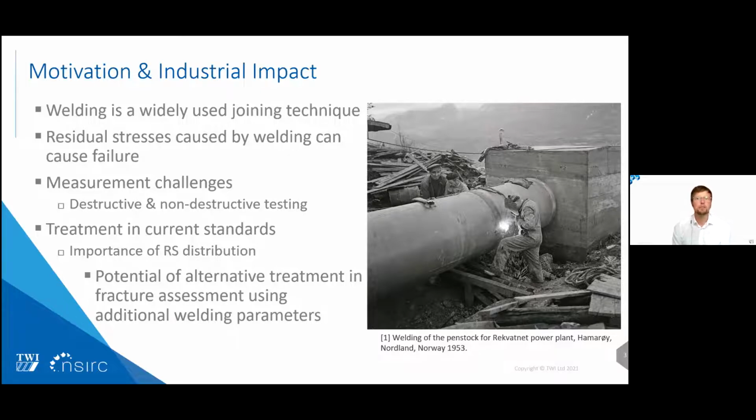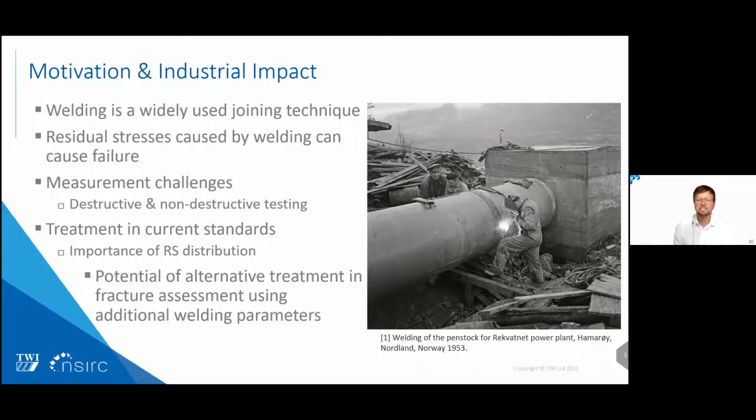My PhD is focused on pipe girth welds, and this is still a very widely used welding technique, both on and offshore. As residual stress measurements have grown over the years, certain challenges have arisen. One thing to point out is that residual stress measurements are quite difficult.